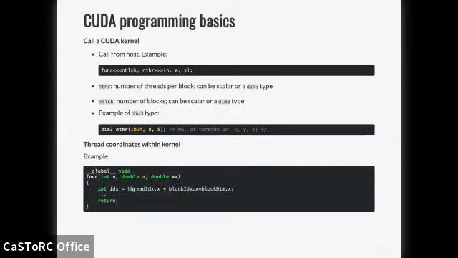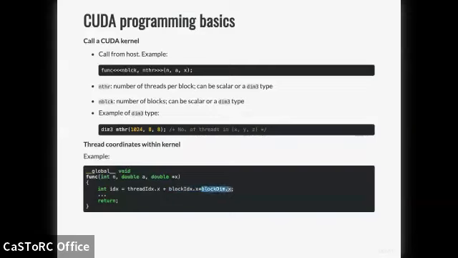So threadIdx.x will tell you what the position of this thread is within all the threads that are running within a given block. blockIdx.x tells you which block this thread is running in within all the blocks that you're running.